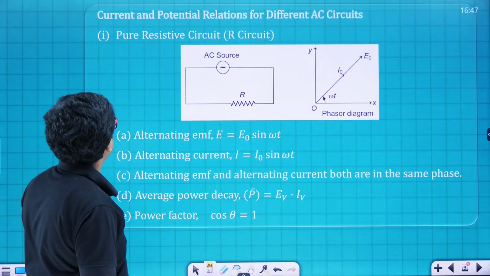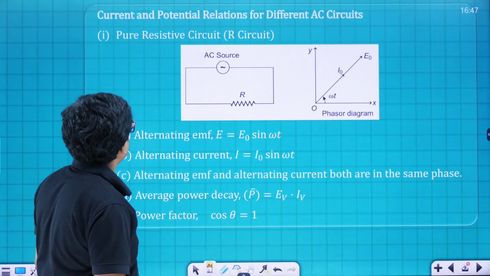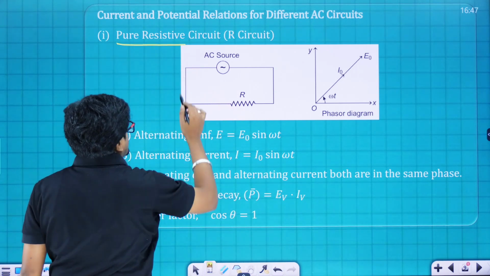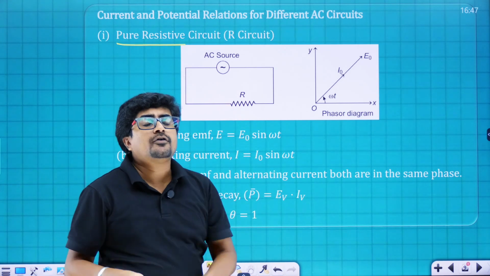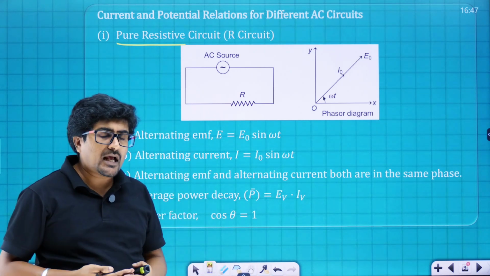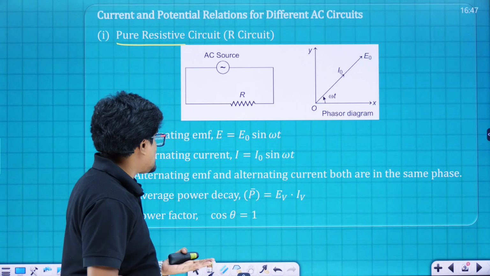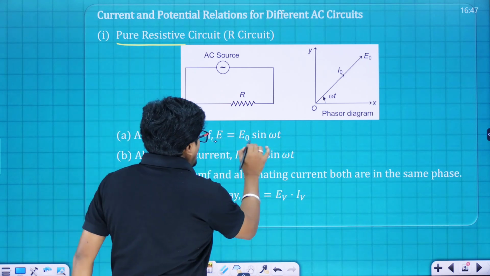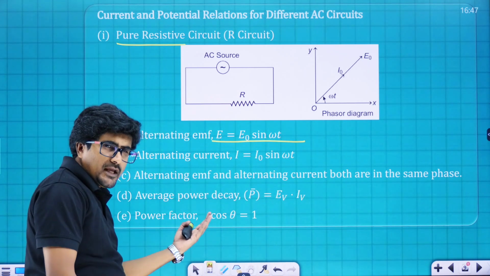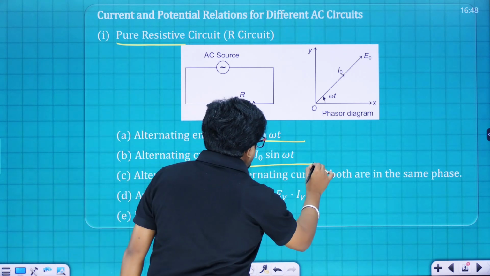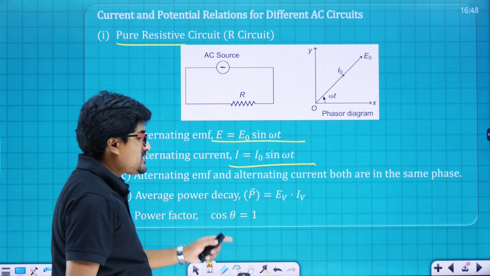All right, moving to the next, that is current and potential relation in different AC circuits. The first one is the pure resistive circuit. If you are having a pure resistive circuit, the current as well as voltage are going to be in the same phase. There is no phase difference at all. The expression for voltage is E is equal to E naught sin omega t, then the expression for current is I is equal to I naught sin omega t.